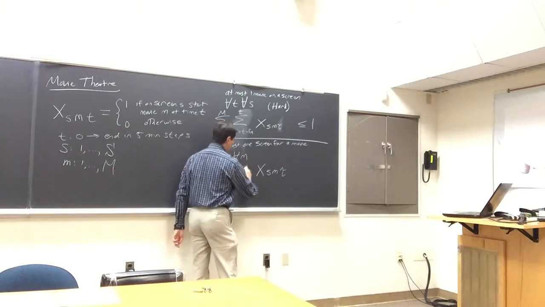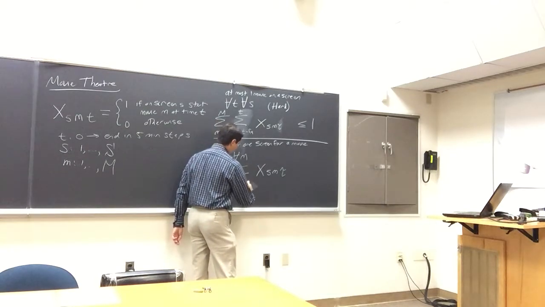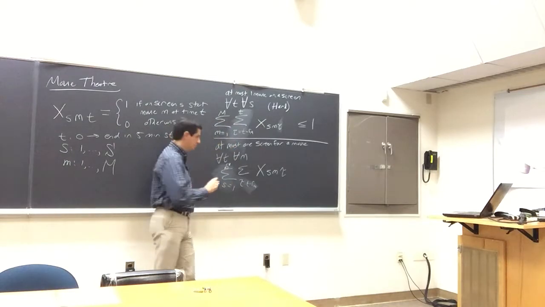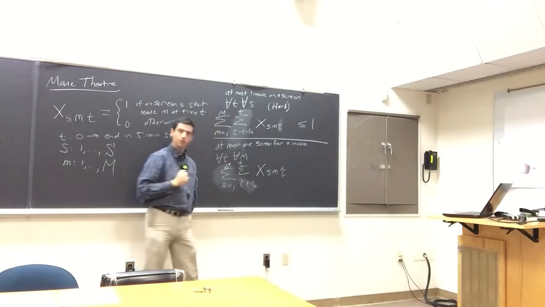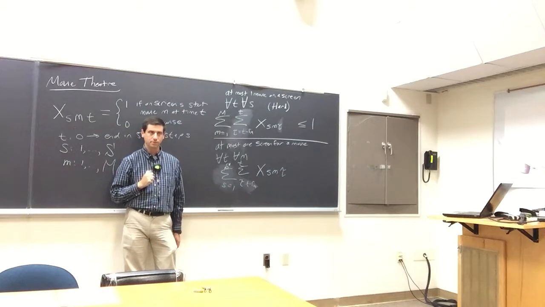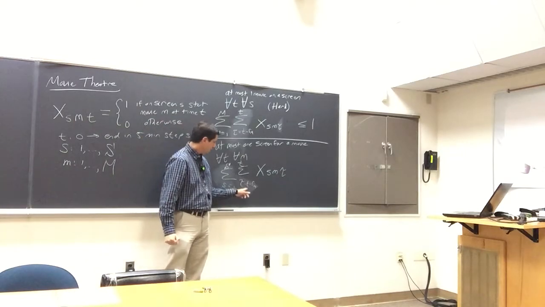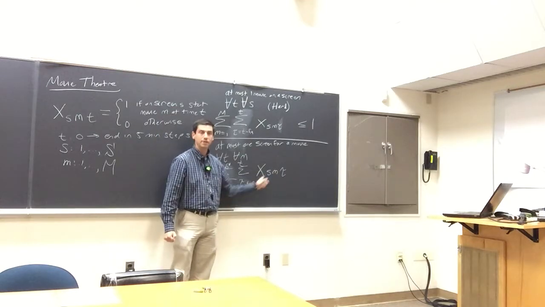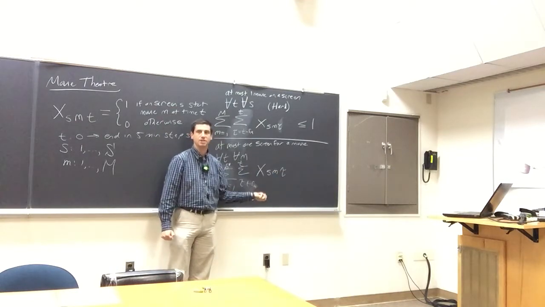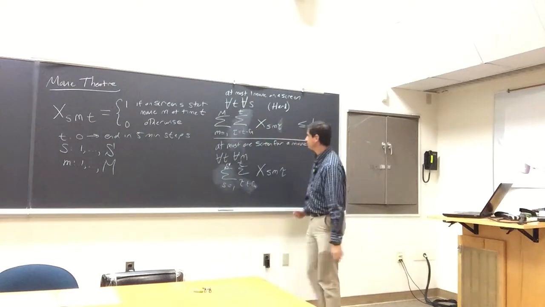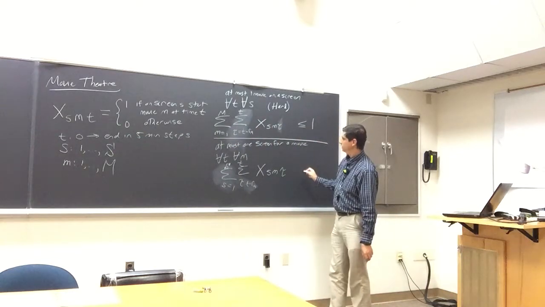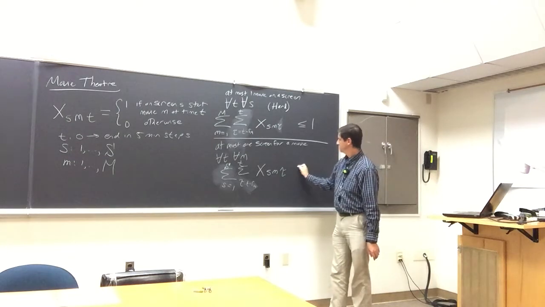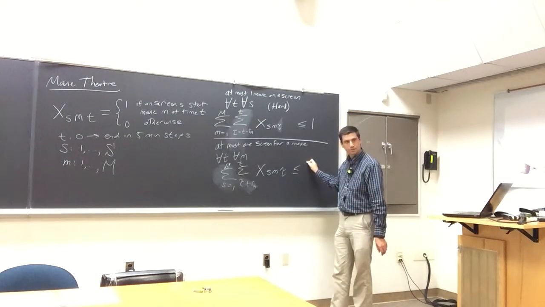So now I need to look at my times, and my tau will go from the time minus the runtime of the movie to the current time. So will this work? Now I range over all screens, and I see, is movie M playing on that screen? If it's playing on that screen, it had to be started in that window. Is this what I wanted? So this should be less than or equal to 1.